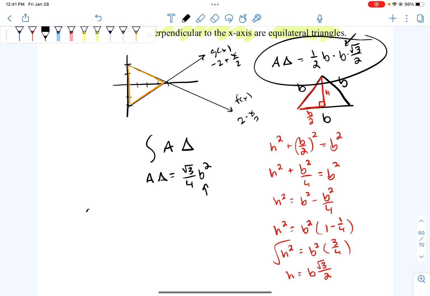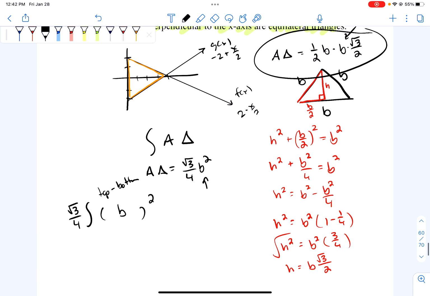So when I write my integral, I'm going to use that area formula. That square root 3 over 4, I'm going to move it to the front, and the b squared is going to change a little bit, because my b is going to change as I integrate. This is where we do top minus bottom. My b is the top curve minus the bottom curve, and that's going to change depending on where I'm at.